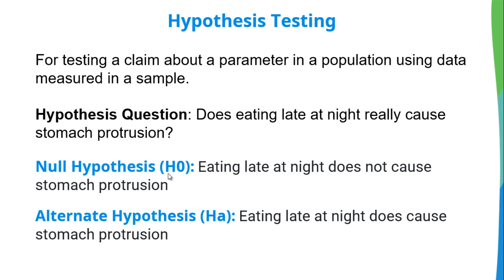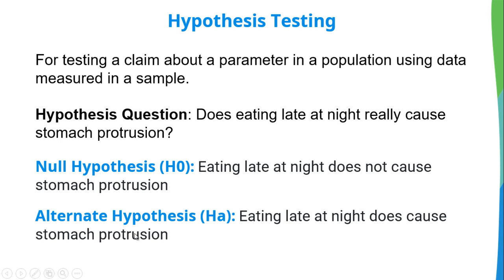For you to investigate this question, you have to develop hypotheses, which means you have to have a null and an alternative hypothesis. So we have eating late at night does not cause stomach protrusion. That is the null hypothesis.